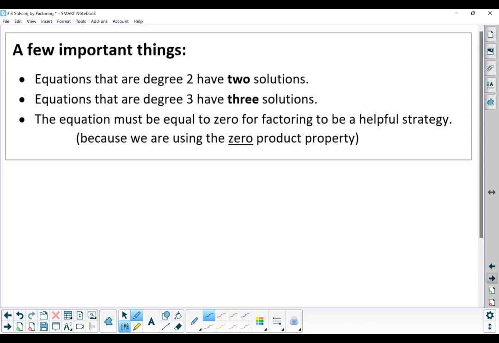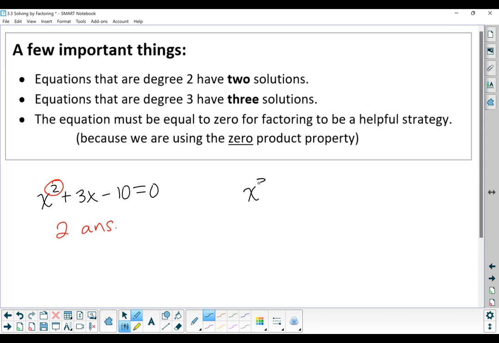Okay, a few important things. If you didn't connect the dots yet, I want to formally say that if your equation is degree 2, it is going to have 2 solutions. And if your equation is degree 3, it is going to have 3 solutions. And we have seen that coming up today. If we have a square as our power, we know that there are going to be 2 answers to that equation.